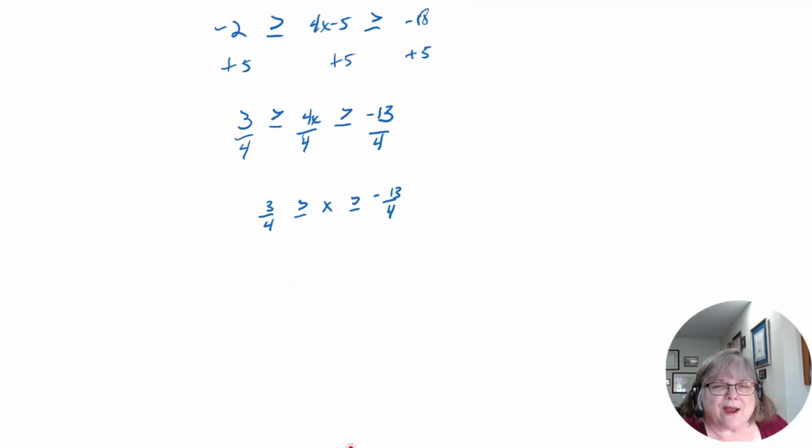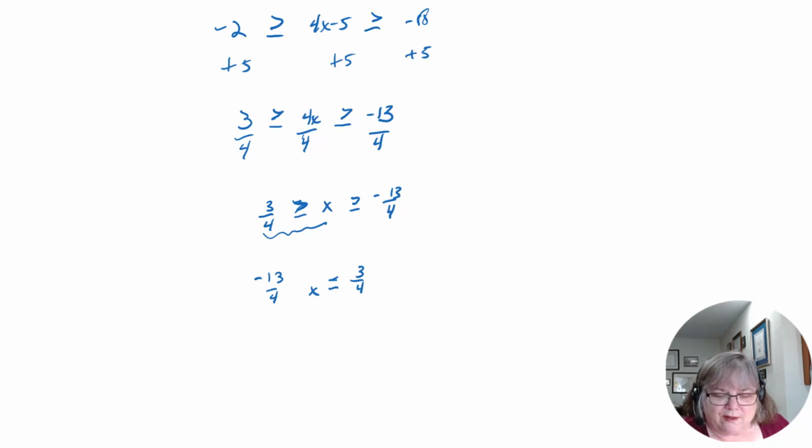Now to get these graphed, usually people aren't very comfortable graphing greater than things where the x is. So what we're going to do is to switch these around. So negative 13/4, x, and 3/4. But remember, in this case, this one that goes with the 3/4, this part right here, is pointing at the x. So it has to still point at the x.